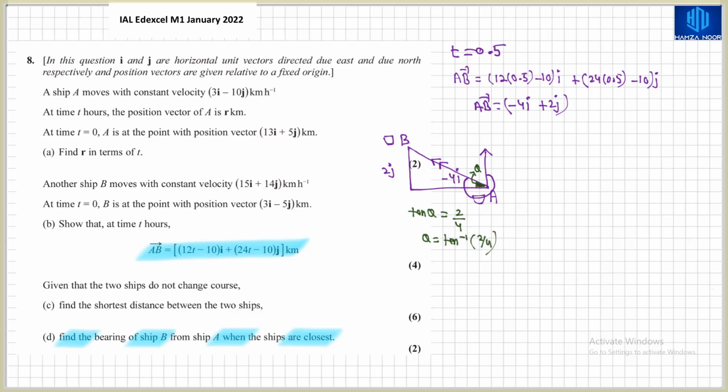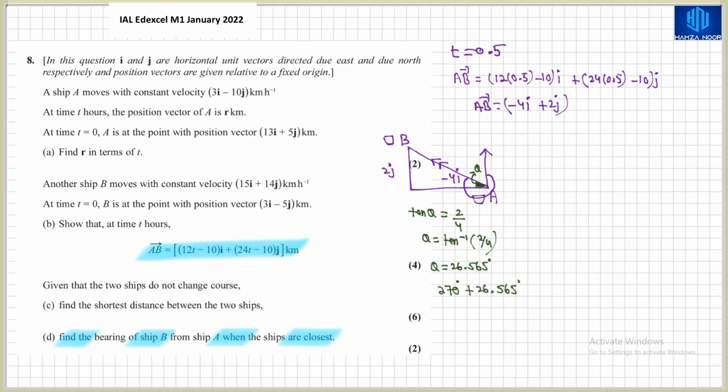So tan inverse 2 over 4, this is supposed to be how much? 26.565 degrees. This acute angle is this green angle which I have marked. The acute angle is 26.565 degrees, and therefore the bearing would be 270 plus 26.565 degrees.